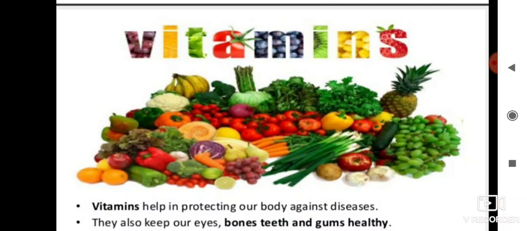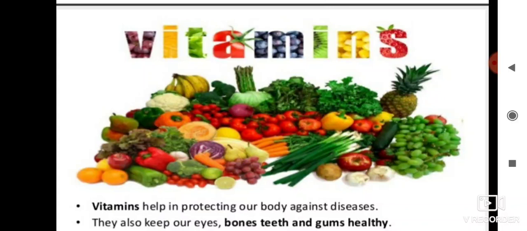The next type of nutrient is vitamins. Vitamins are very important nutrients in our body. If any diseases enter our body, or if you want to maintain good health, vitamins play an important role.